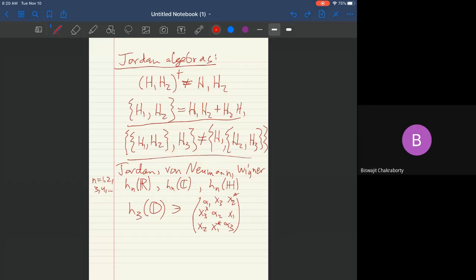The automorphisms of H3O form the exceptional group F4. F4 doesn't seem to have anything particular to do with the standard model.